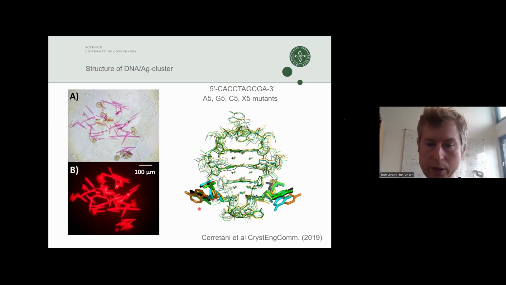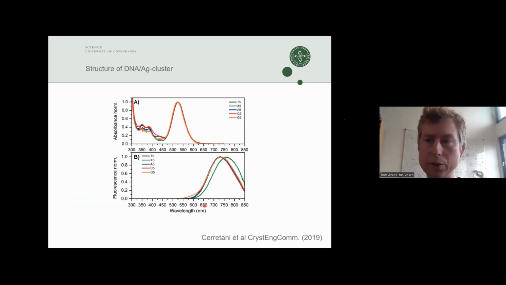So it turned out that you can exchange this position and it does not really affect the photophysical properties that much. As we can see here on the next slide, here we have the absorption spectra of all the mutants of the 5 position. So we have the 5 position with a T, an A, a C, a G, and X, which is an abasic position, meaning no nucleobase.